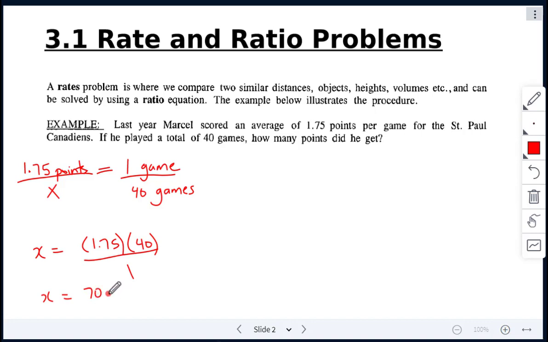All right, and because this is a word problem, you always end with a sentence. How many points did he get? So we would say he would get 70 points.